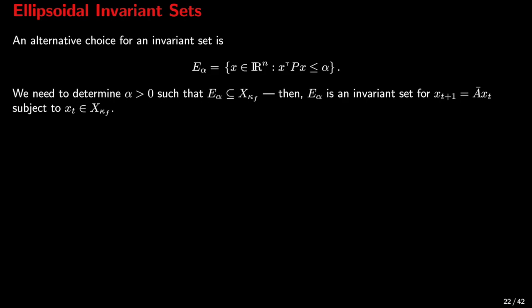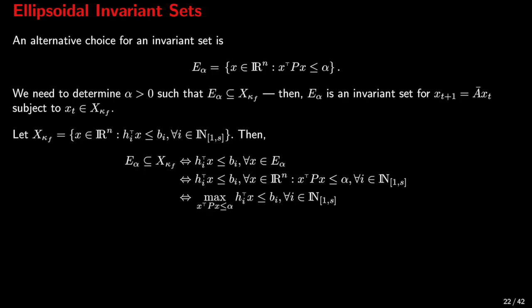In fact, we're looking for the largest possible value of alpha such that E_alpha is a subset of X_kappa_f. Now X_kappa_f is a polyhedron. So it is a set that is described by a finite number of inequalities of the form h_i transpose x less than or equal to b_i.